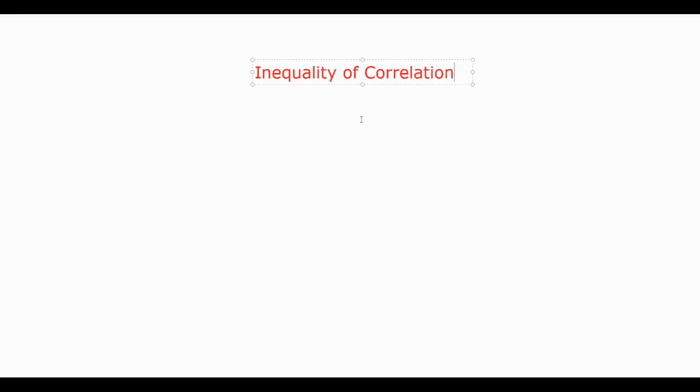So let's try to do the inequality of correlation now. What is the inequality? We have R equal to sxy by root over sxx by root over syy. I'm just spelling it wrong every single time. Anyway, now what we'll do is use something called the Cauchy-Schwarz inequality.